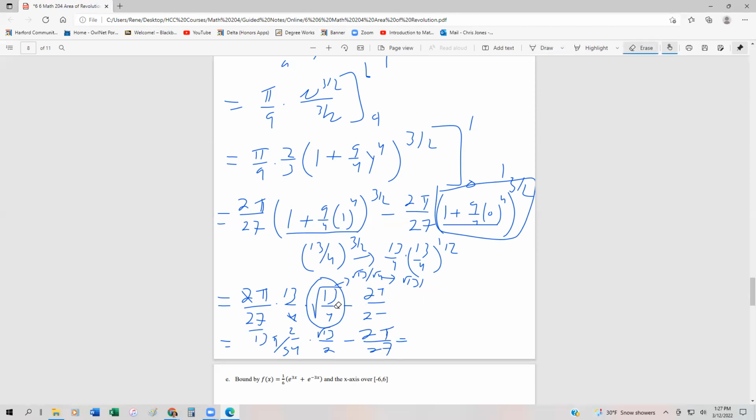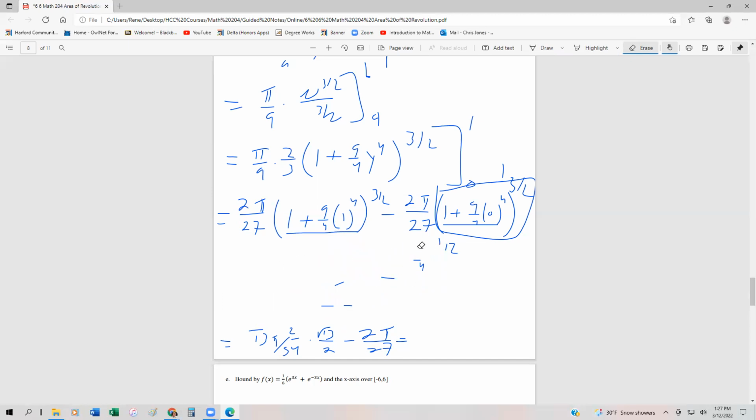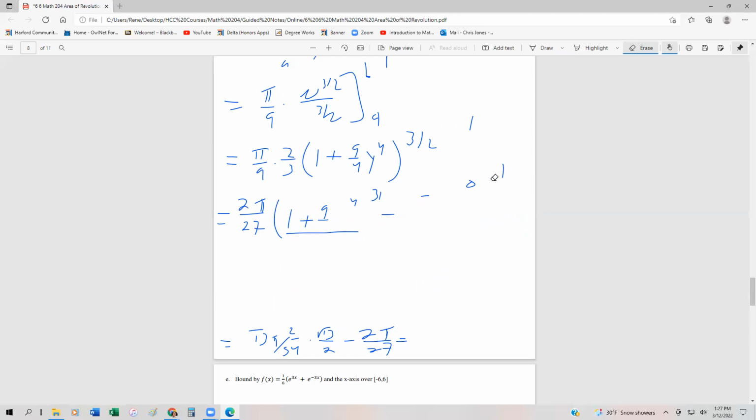So one possible answer for this, all right, and let me erase a little bit of stuff just to get a little more room here so we can write a nice answer that's legible. All right, so if you want to fast forward a few seconds just to save yourself some time of your life, then go for it. All right, so one way to write the answer is to write this as 13 pi over 54.